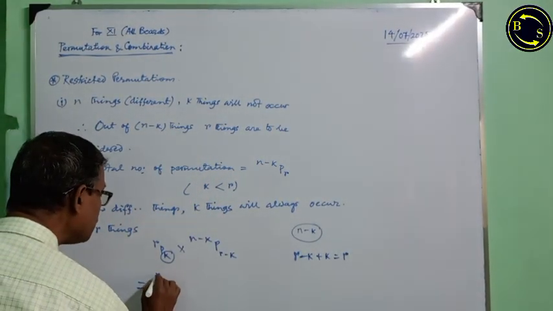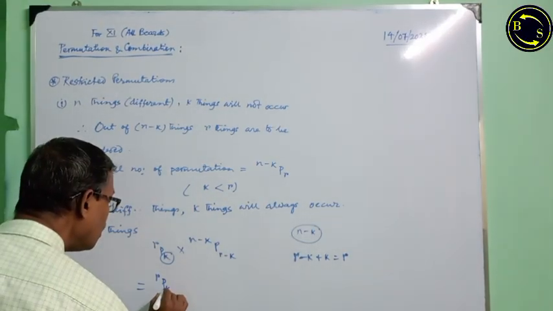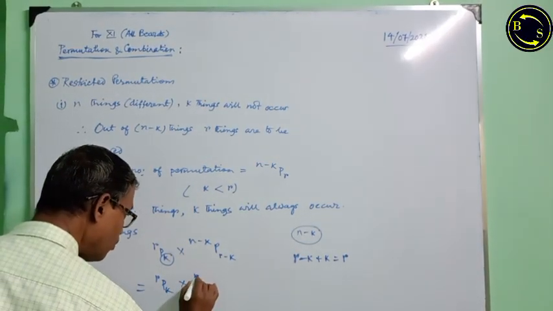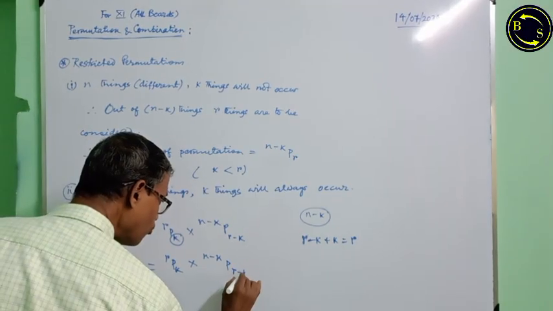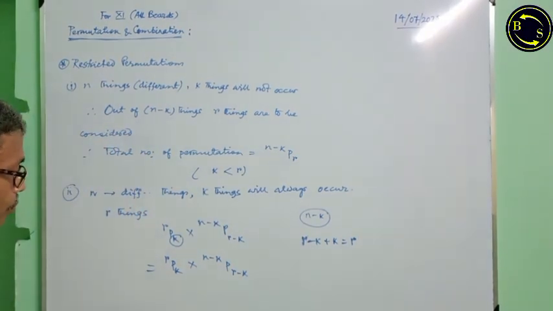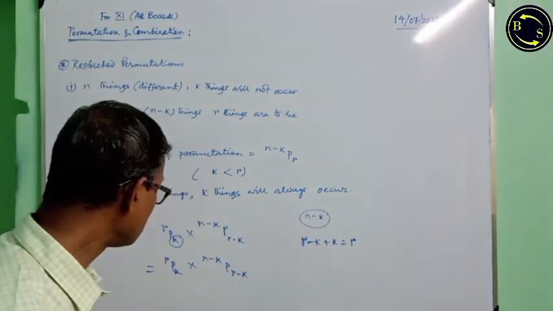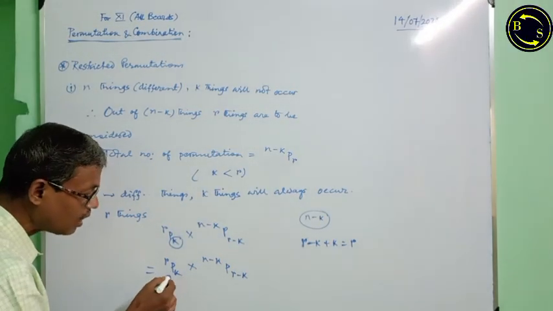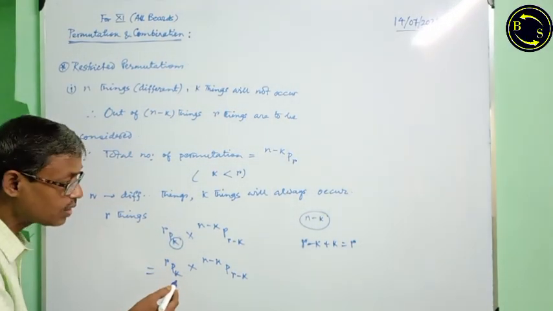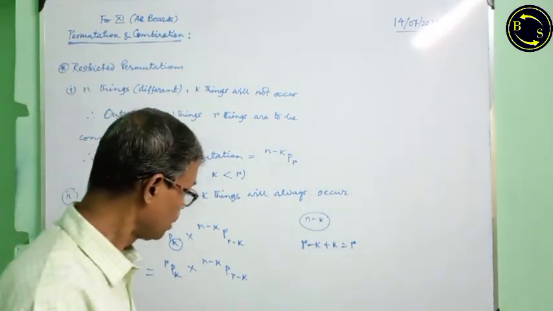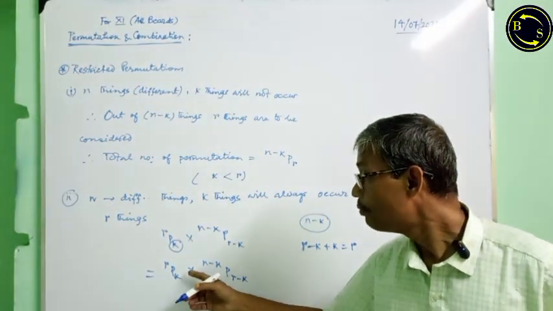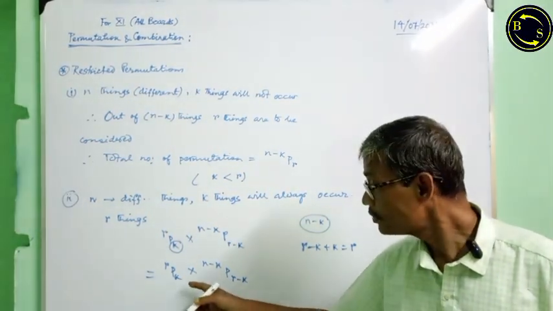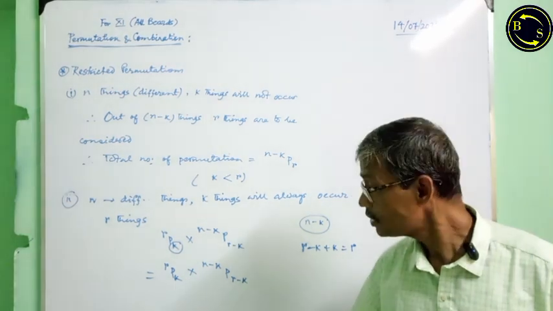I just rewrite. Because these k things which will occur always can permute in themselves in factorial k ways.